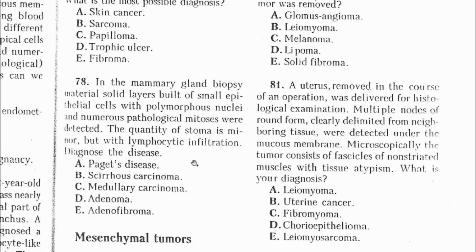One of the breast cancers with better prognosis is medullary carcinoma. Why? Because it has lymphoid infiltrate in the tumor stroma. So this is definitely C, medullary carcinoma. Why? Because there is an infiltration of lymphocytes in the stroma.